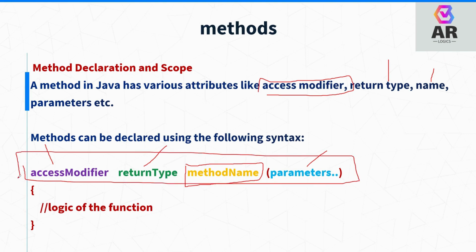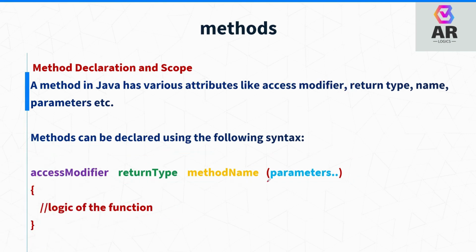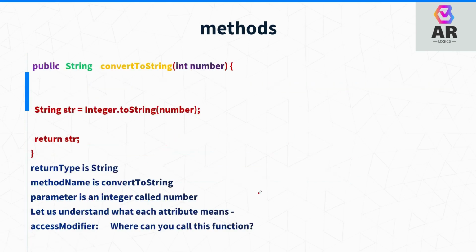Inside the method, open curly braces and close curly braces, and inside we write our requirement code. Here we have the access modifier, data type, method name, and parameters.